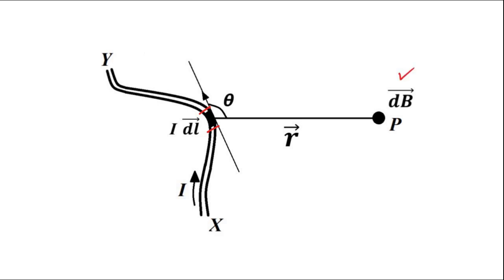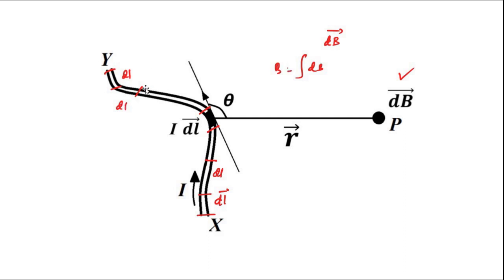So the Biot-Savart law gives us an expression for this magnetic flux density. How do we determine the total magnetic flux density due to the whole wire? We divide it into small current elements, determine the small magnetic flux densities due to each of these current elements, and then integrate to get the total.